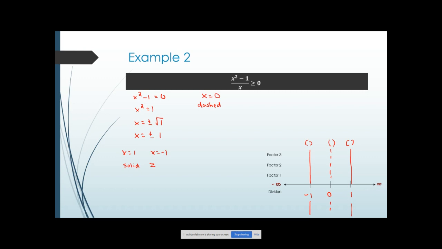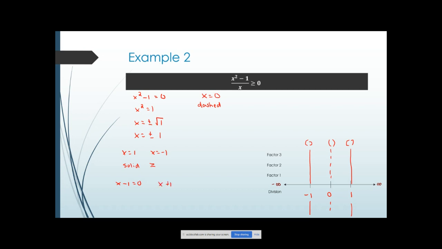Now we want to do the factors. So the question is, if you solved it and did not solve by factoring, how do you write your factors? I have x squared equals 1. Well, if I solve x equals 1 and subtract 1 from both sides, that gives me x minus 1 equals 0. The other one, if I add 1 to both sides, I get x plus 1 equals 0.